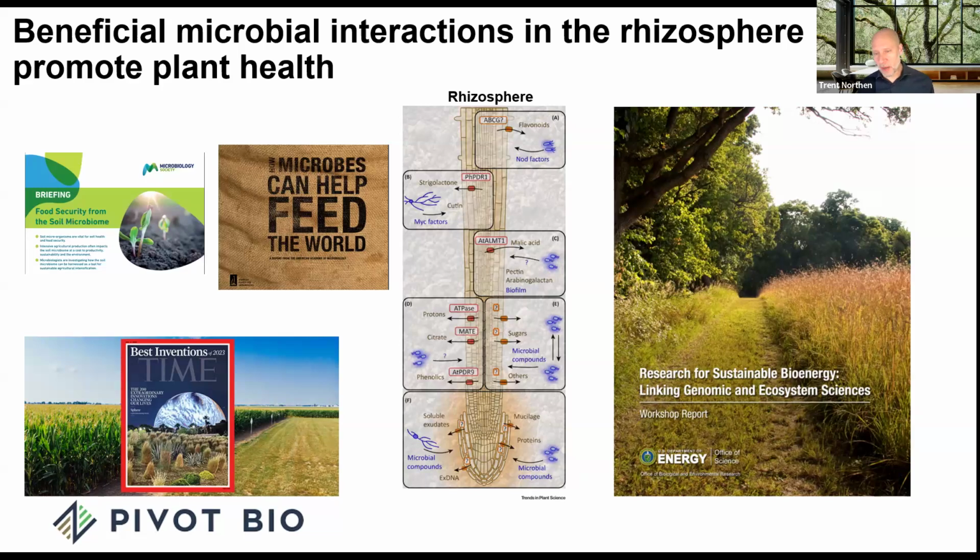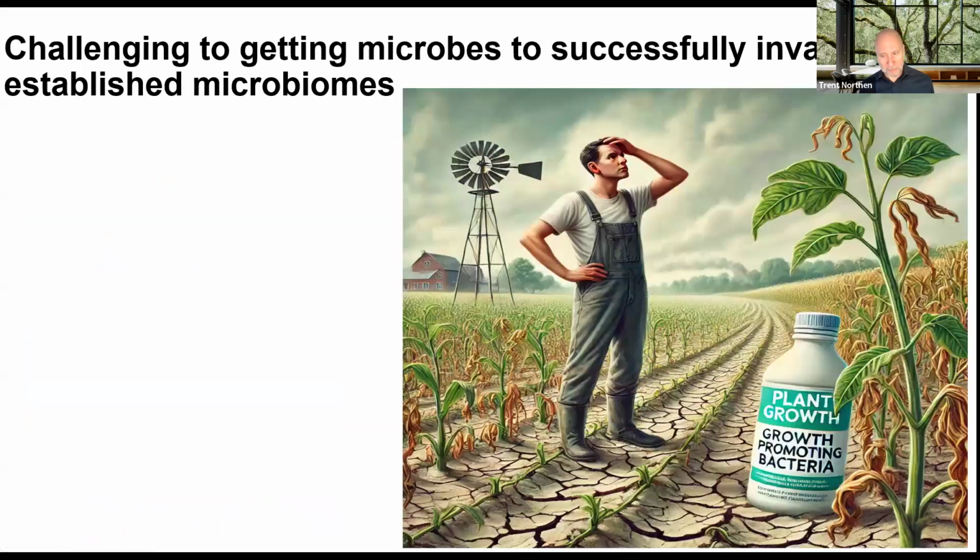However, because of the way we've managed lands, we've lost a lot of these beneficial microbes and their interactions. And we can also engineer bacteria that have new functions, like bacteria that will grow in the rhizosphere of maize and fix nitrogen for that. And so this was recognized as one of the best inventions in 2023, this technology from Pivot Bio. But as I mentioned at the beginning, one of the really big problems is that these work sometimes and they don't work other times.